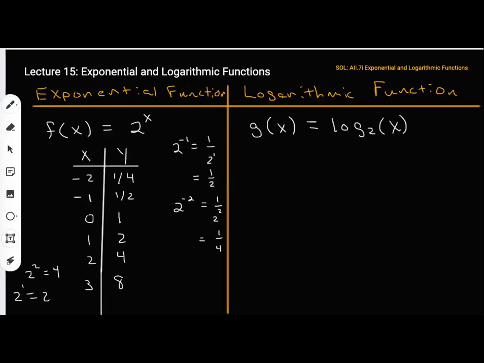All right, perfect. Okay, so back on our slide here, we're going to do the logarithmic function on the right side. Just like on the left side, we're going to have our chart with x values and y values. So we're going to draw that chart pretty close to the left side.